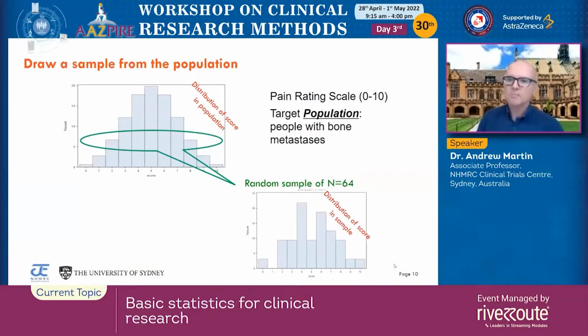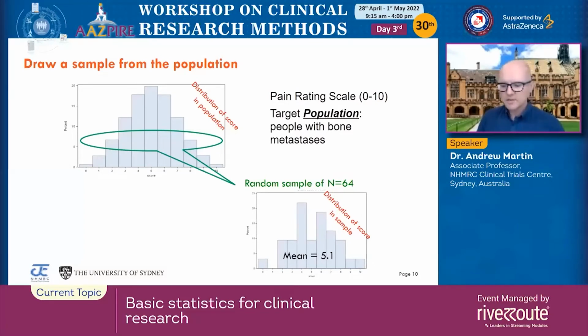It doesn't look as beautifully symmetric because there's much fewer observations here in this sample than in the entire population. So a little bit of lumpiness like this is to be expected. And we can furthermore determine the mean of our sampled scores. And here it is for this particular sample, it's 5.1.